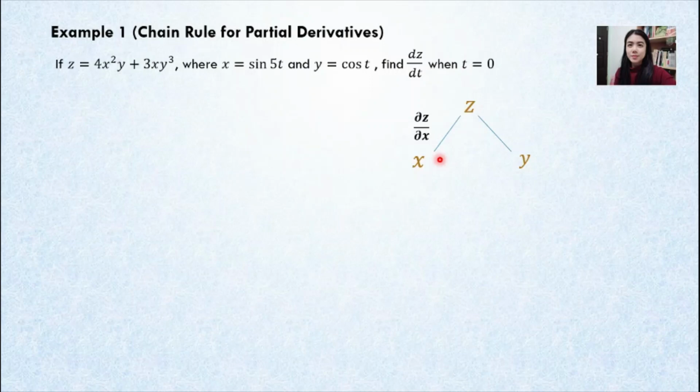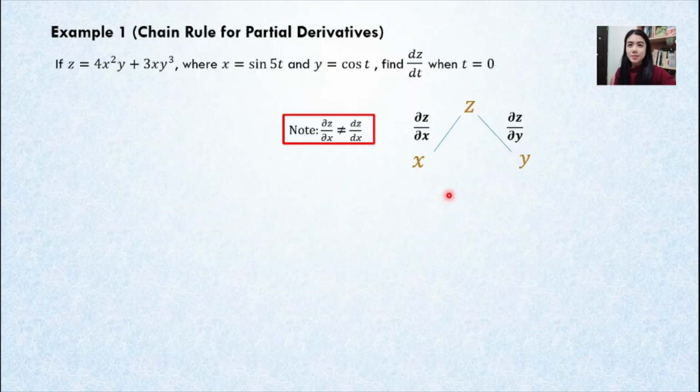And moving from z to y, you're going to have del z del y. Please take note that del z del x is not equal to dz dx. We are using del z del x here because you have two variables. dz dx is when your equation only has one variable.